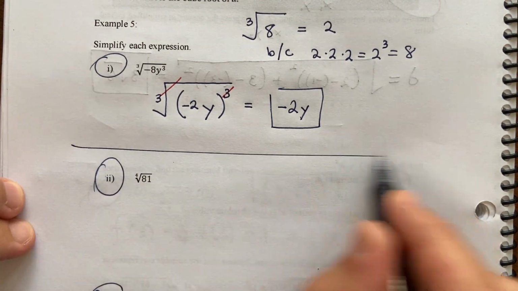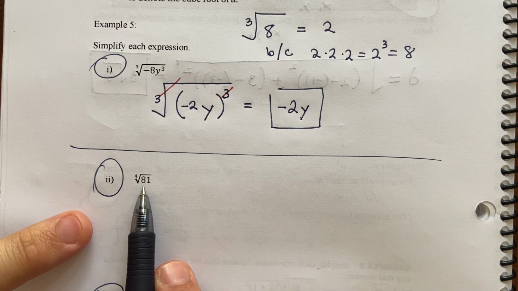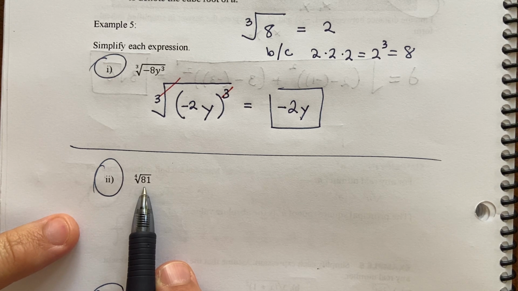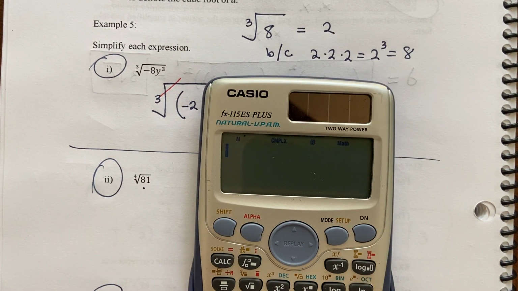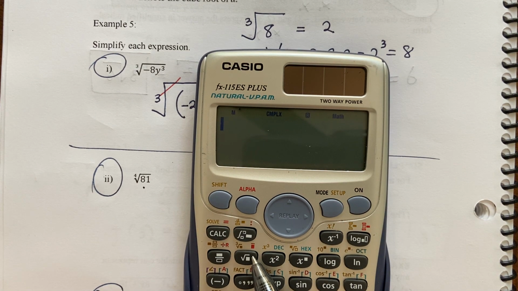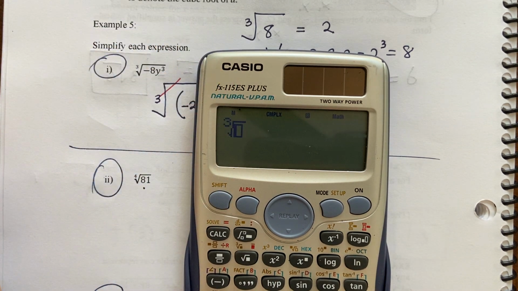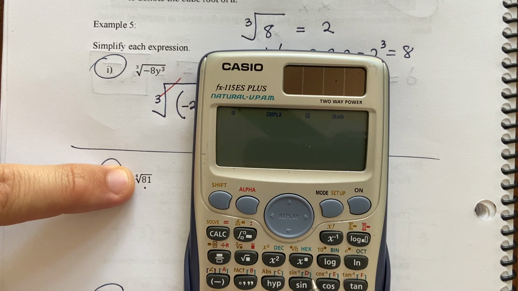Part 2, this is the fourth root. So I'm looking for something times itself 4 times that equals 81. On your calculator, you can access the fourth root. Here's the square root button right here. Behind there is the cube root. If I go shift square root, then a cube root pops up, but this is a fourth root, so I would actually need to go over here. You can see maybe back there.